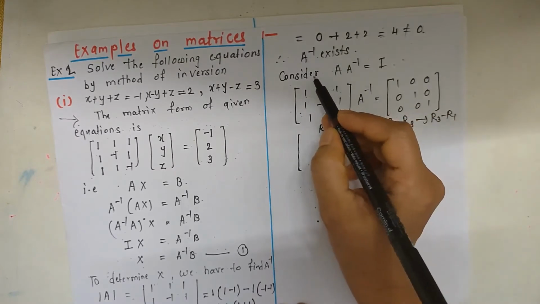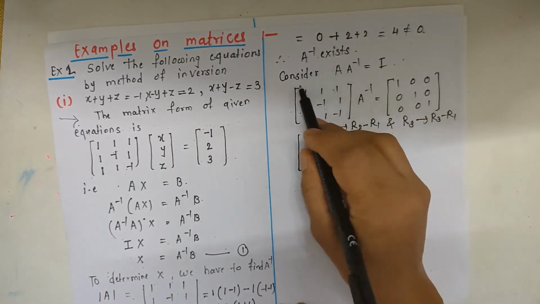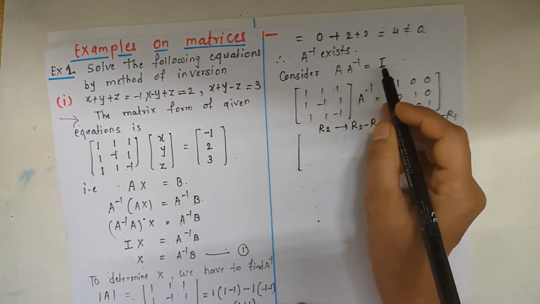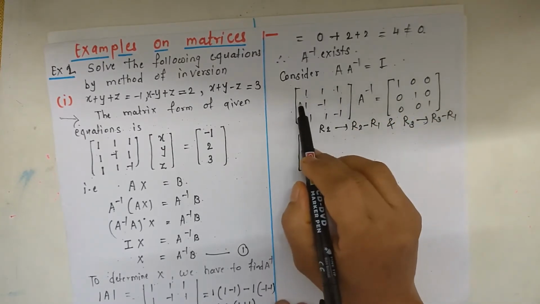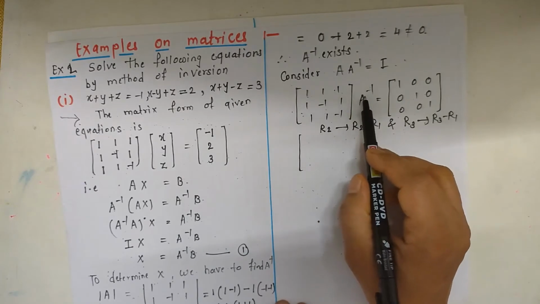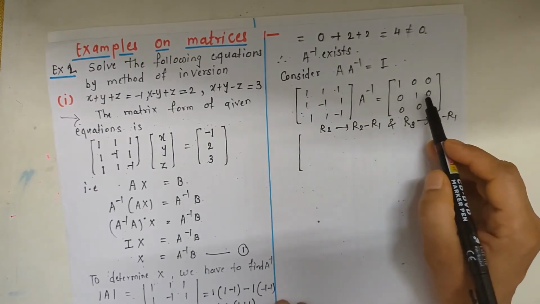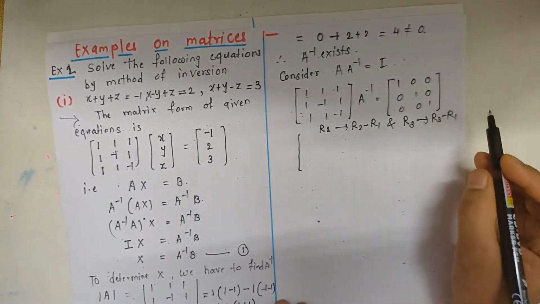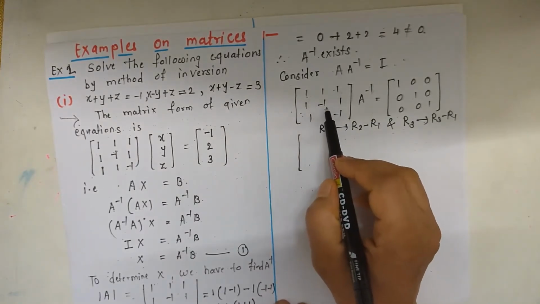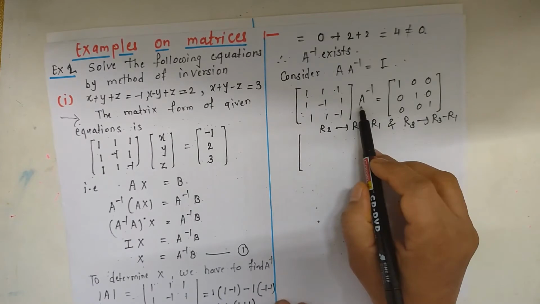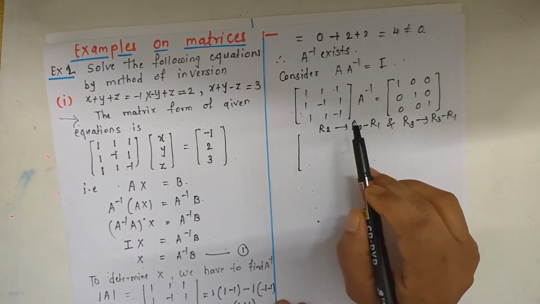Now for finding A inverse, we consider the equation A into A inverse is equal to identity matrix I. A is the given matrix into A inverse is equal to the identity matrix of order 3 by 3. Now we have to reduce this matrix to the identity matrix, then we get the value of A inverse.